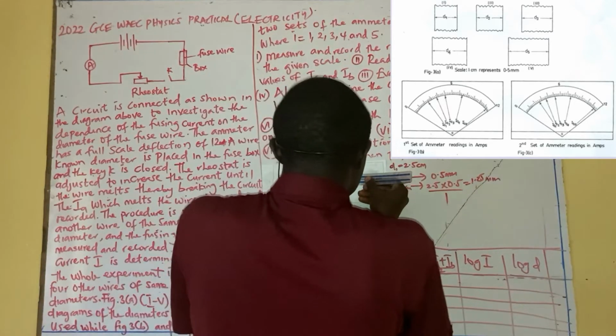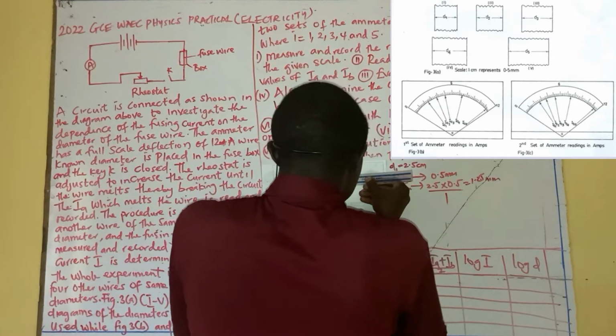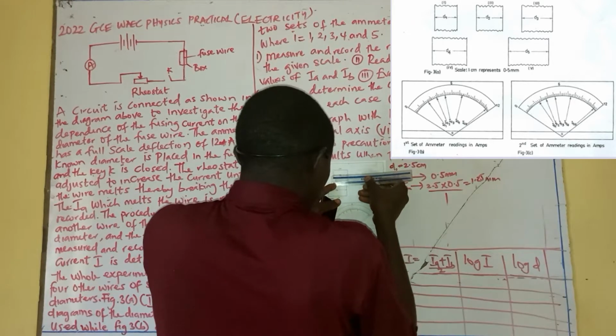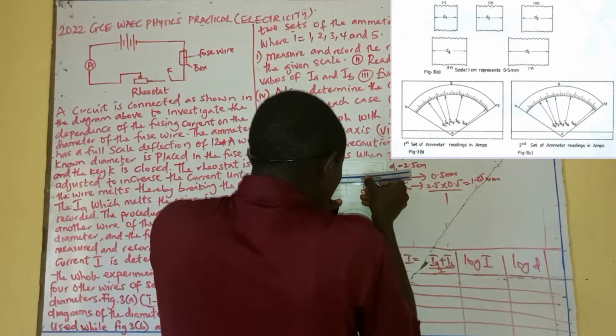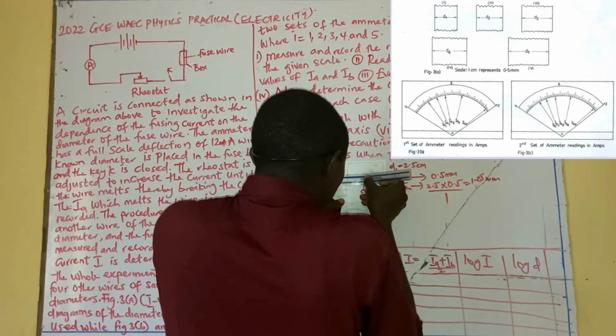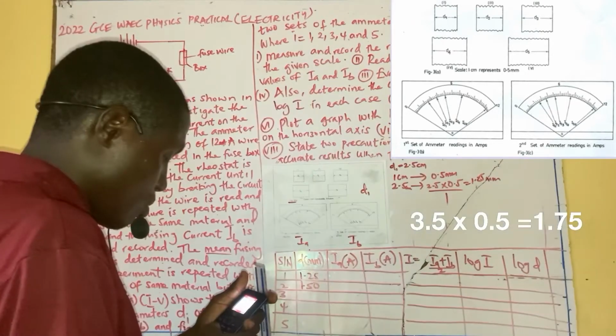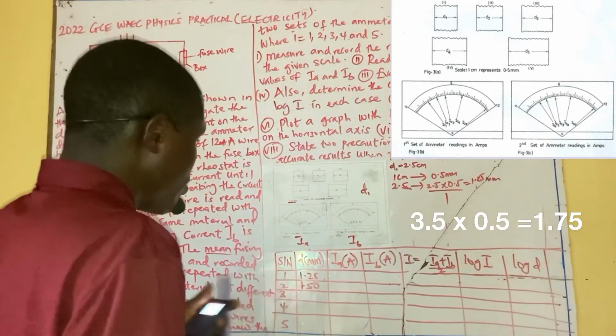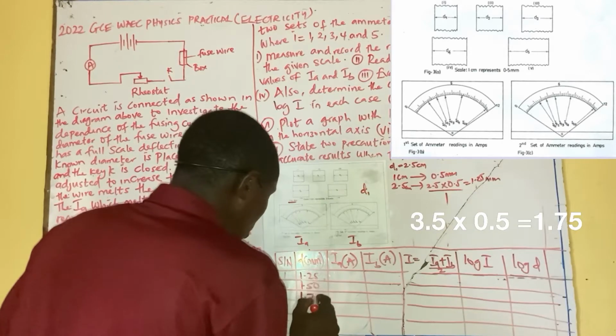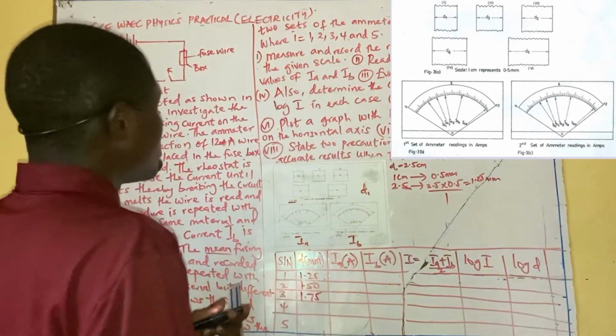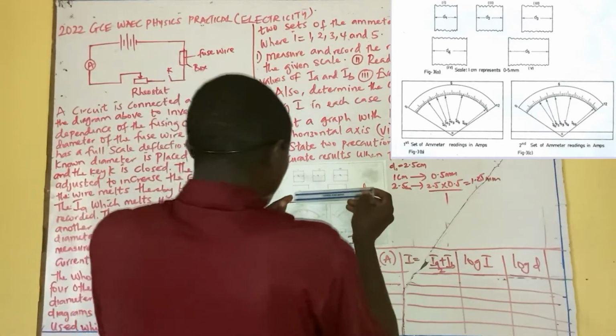The next one is 3.5. 3.5 times 0.5 gives 1.75.